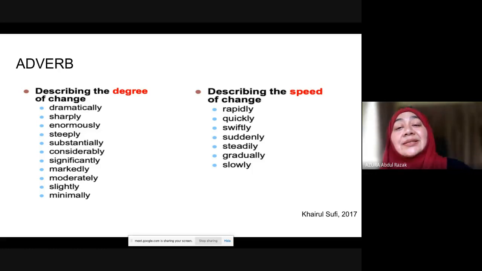But the right side will describe how fast it happened, or how slow it happened. So you have rapidly, quickly, swiftly, suddenly, steadily, gradually, and slowly. So for both, you can see that it goes from something very big, something very dramatic, to something very minimal, something very slow. All right, so these are the words that you can use.